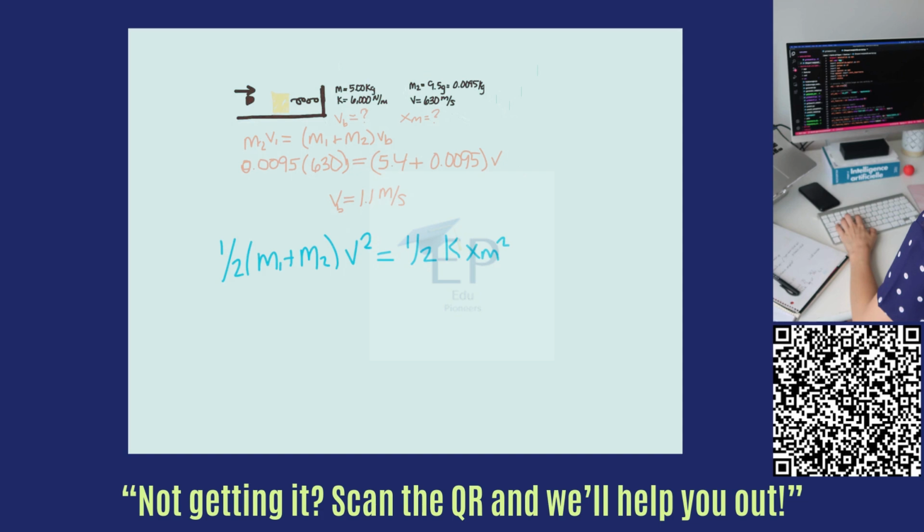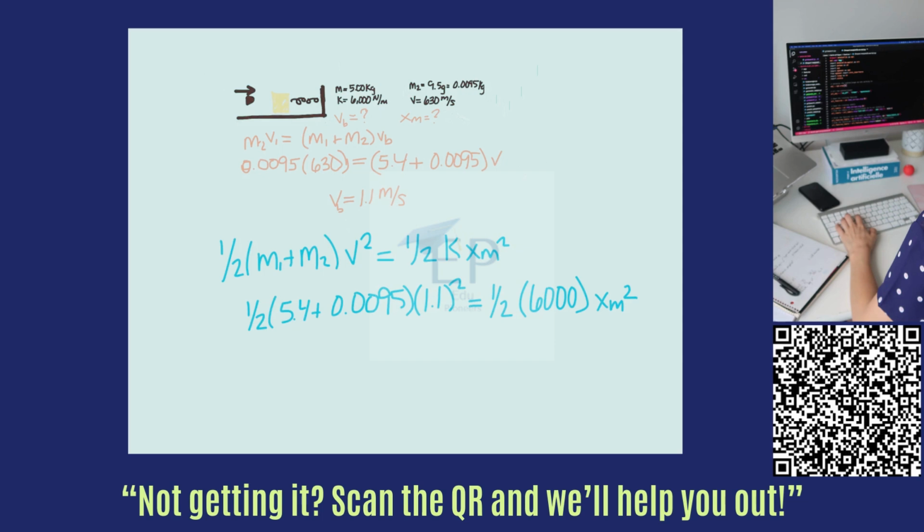So again, plugging in our values, we have 1/2 times 5.4 plus 0.0095 times our velocity, which we just found, which is 1.1 squared, is going to equal 1/2 our spring constant, which is 6,000, times our amplitude squared.